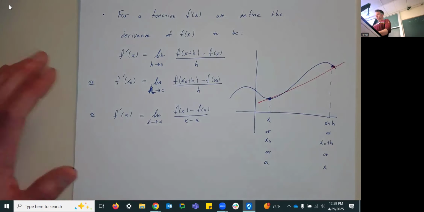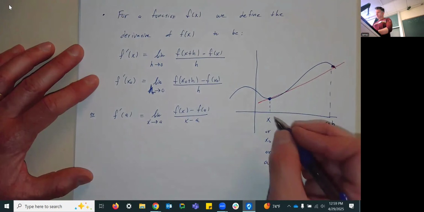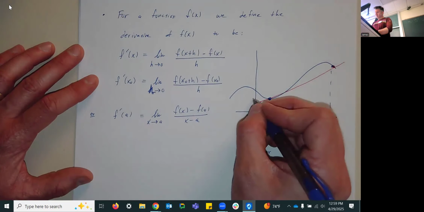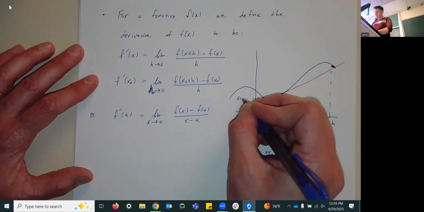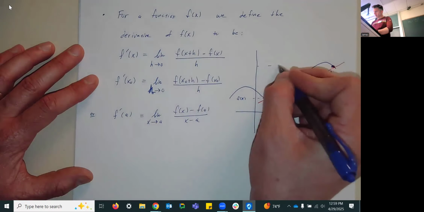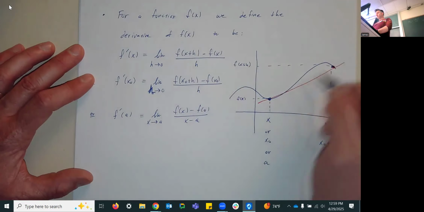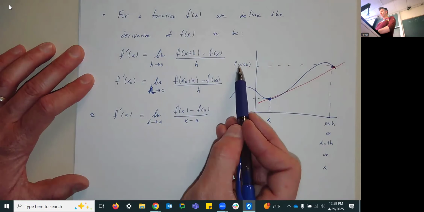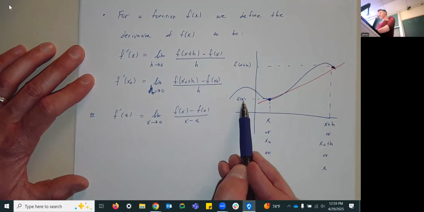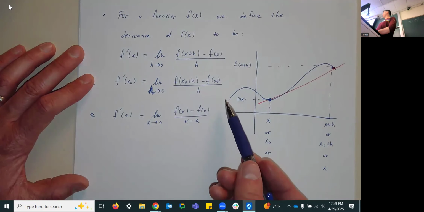So, whichever way you want to label this, if this is x and x plus h, then that's going to be f of x, and that's going to be f of x plus h, and the slope between these 2 points is f of x plus h minus f of x all over x plus h minus x, which is just h.